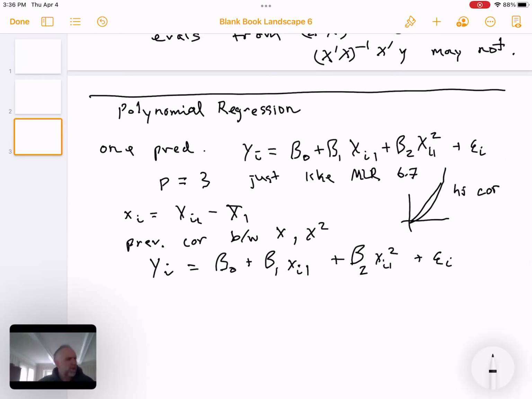Just center it. You could even divide by the standard deviation too, but you don't need to if you just want to get rid of the correlation.